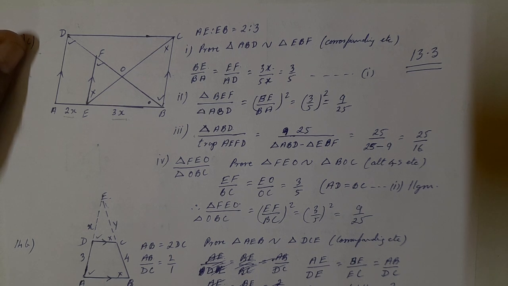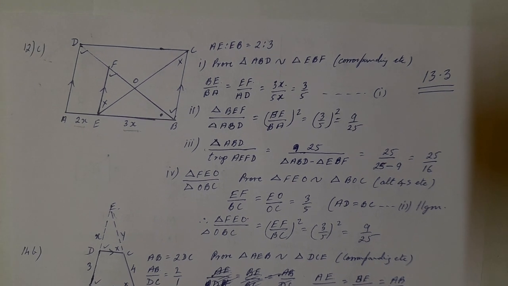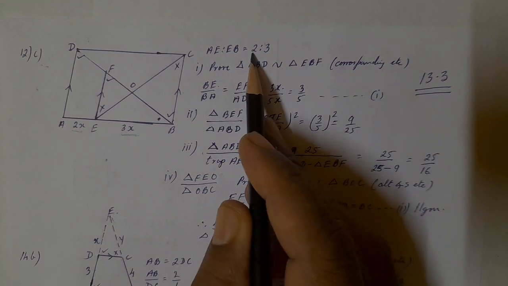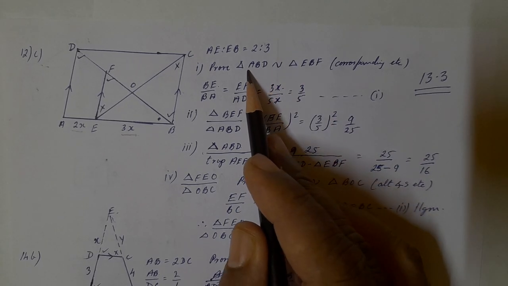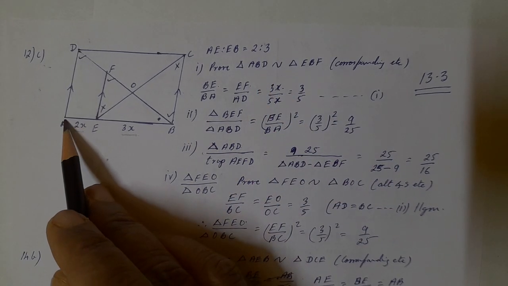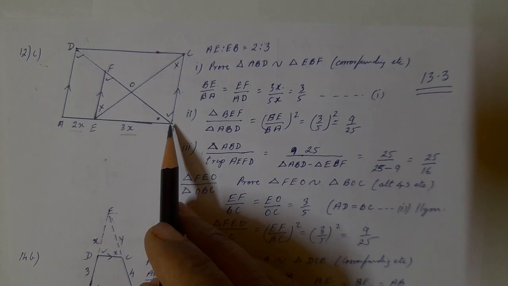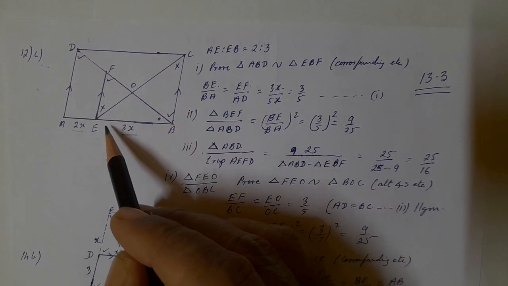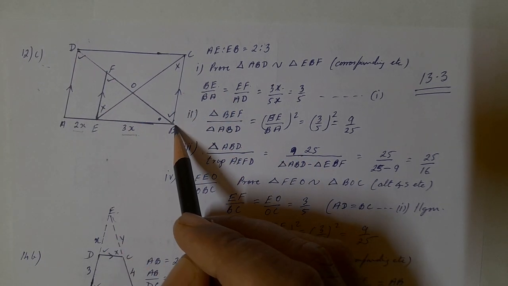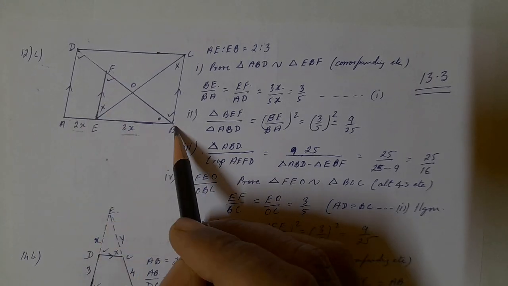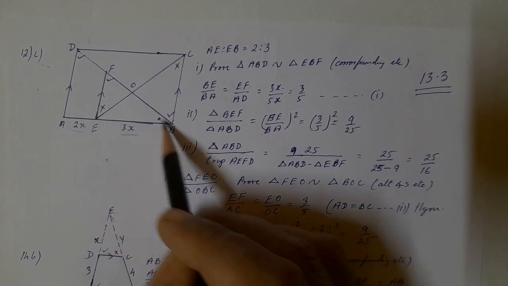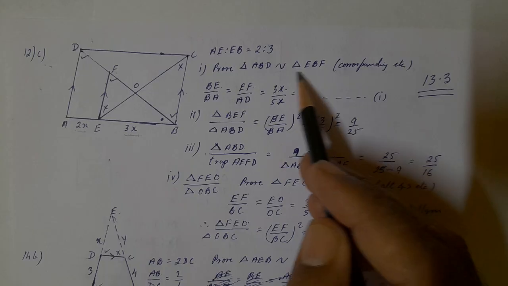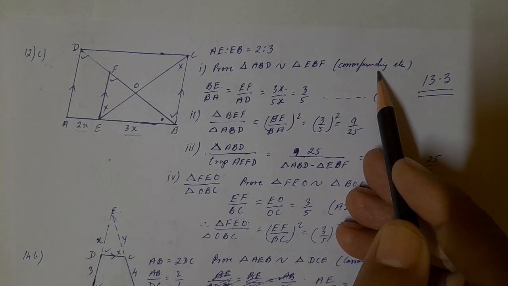So AE is to EB is 2 is to 3. Now prove that triangle ABD and EBF are similar by corresponding angles and all that.